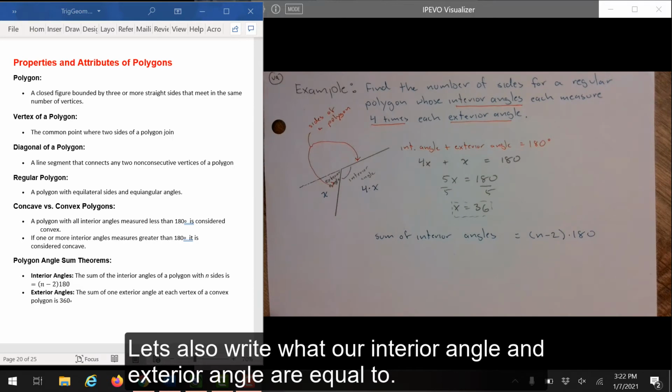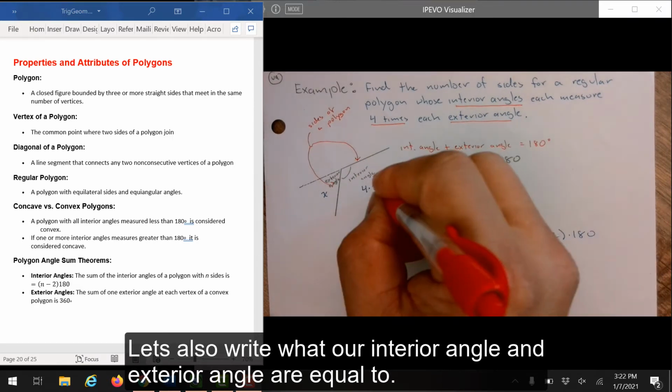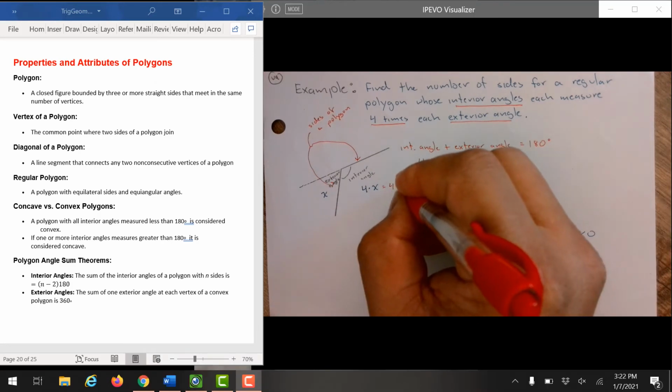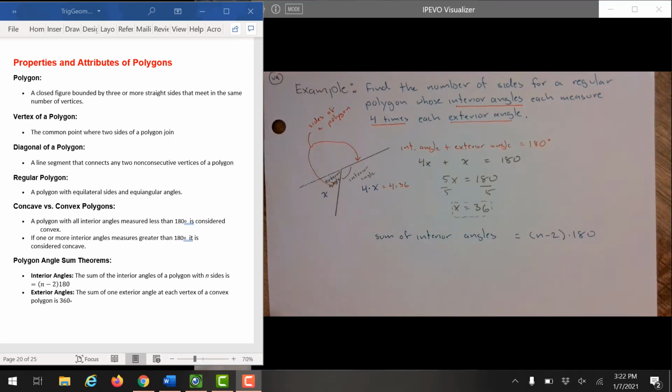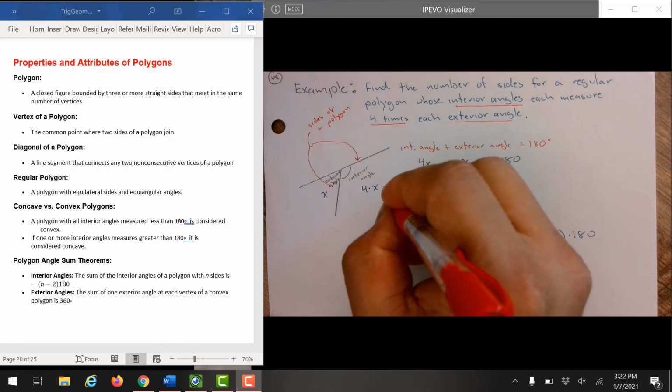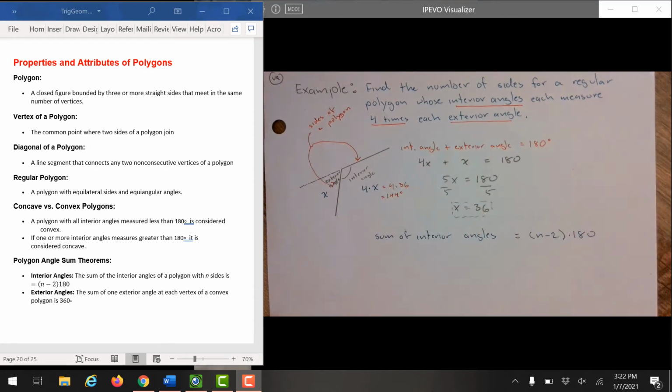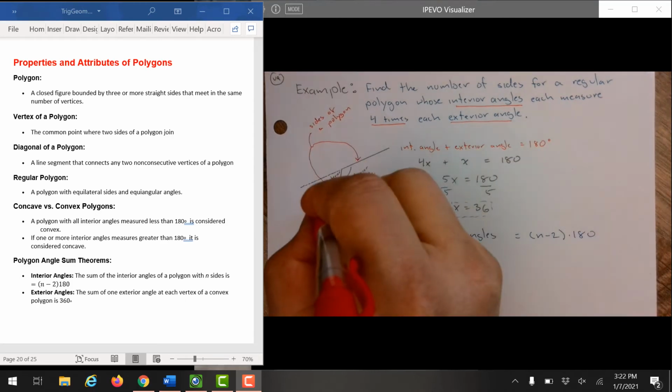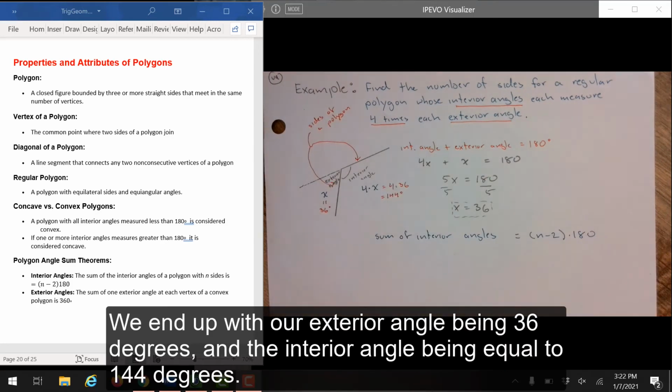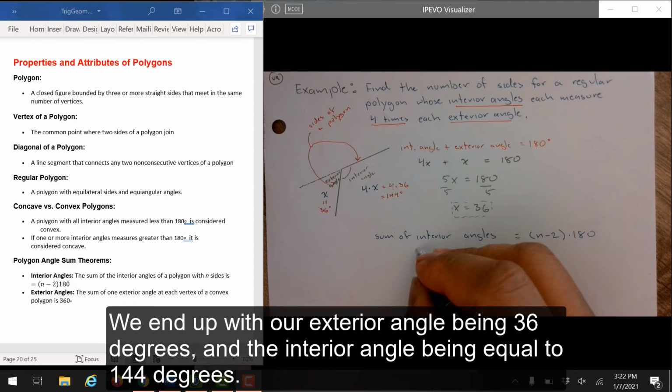Let's also write what our interior angle and exterior angle are equal to. We end up with our exterior angle being 36 degrees and the interior angle being equal to 144 degrees.